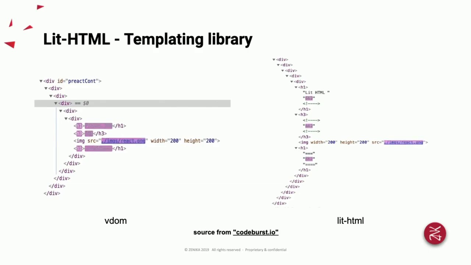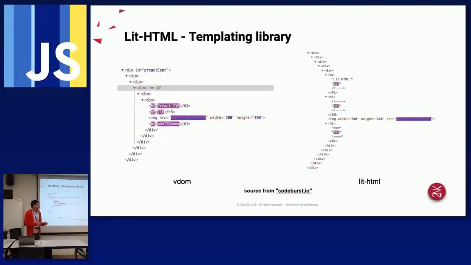But I think in the future they will improve that, because lit-html is not using any VDOM overhead or any diffing algorithm. It's purely using web standards, leveraging the built-in HTML parser of the browser. It uses WeakMap and tagged template literals.